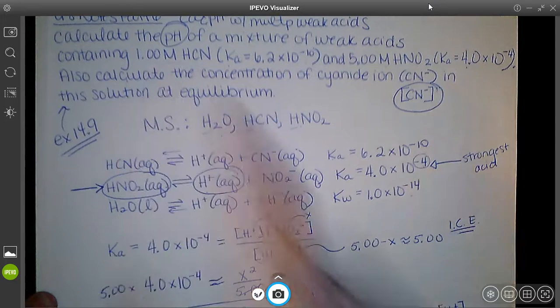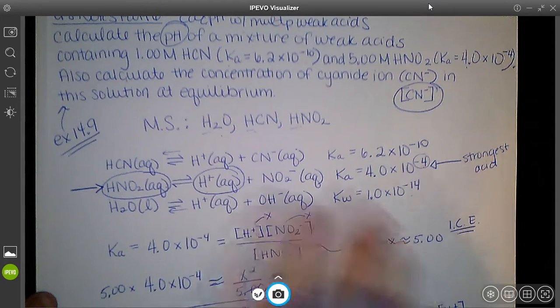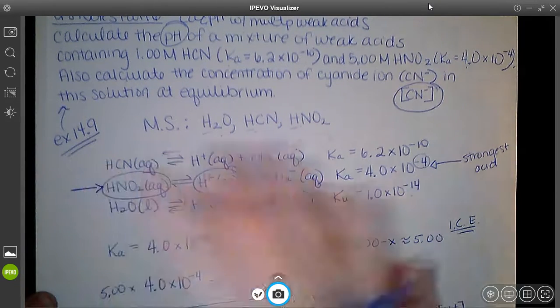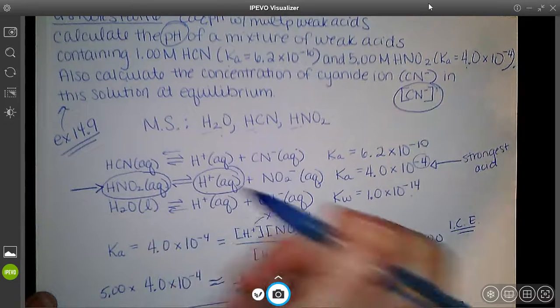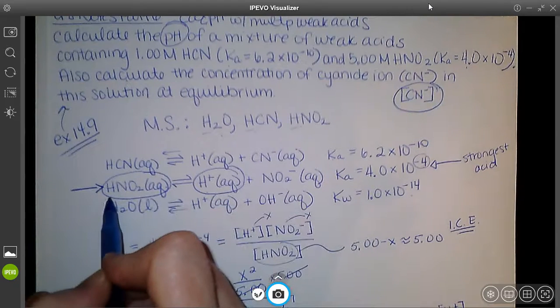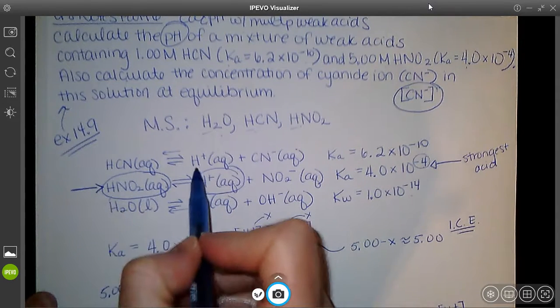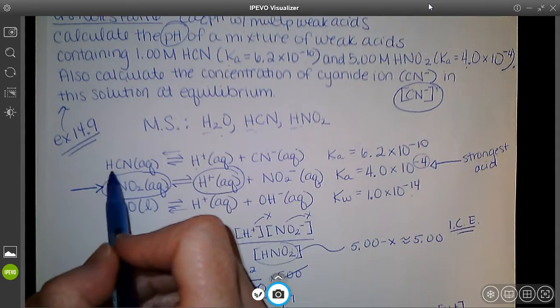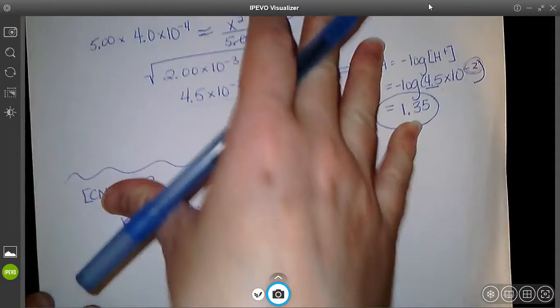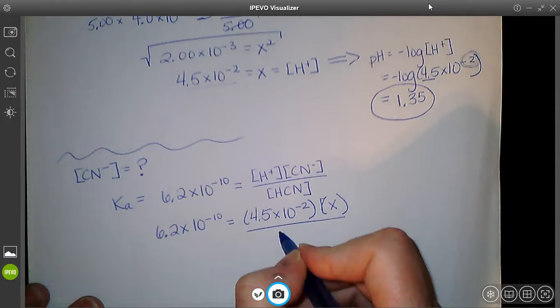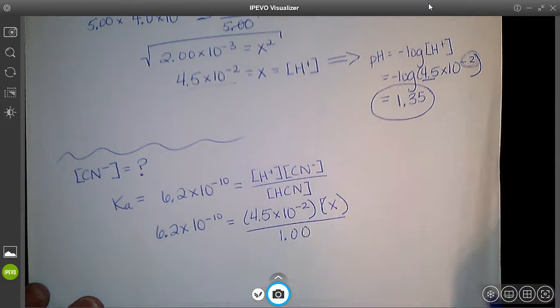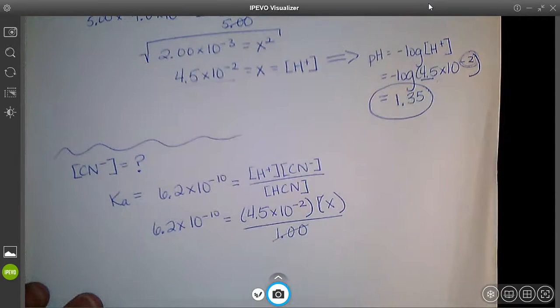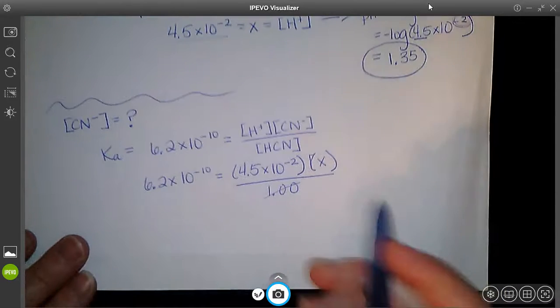It's going to be 1.00 molar because even if it breaks down a little bit, first of all, we have a driving force pushing it back because it's not the dominant acid. So it's not going to make much H plus, and whatever it does make gets pushed back. So it's barely going to break apart. So that concentration is still 1.00, and that can go away because we're dividing by 1.